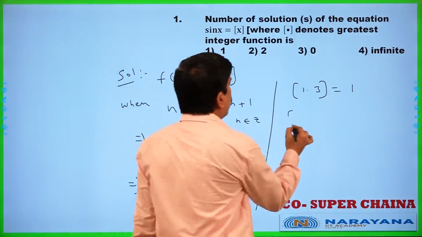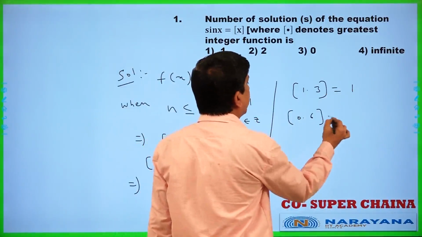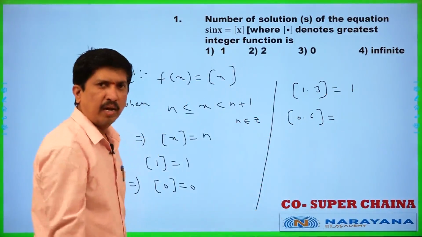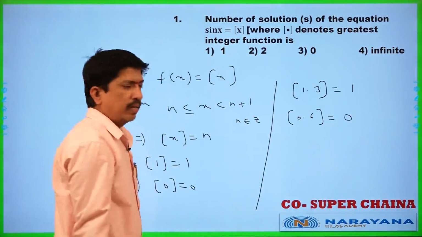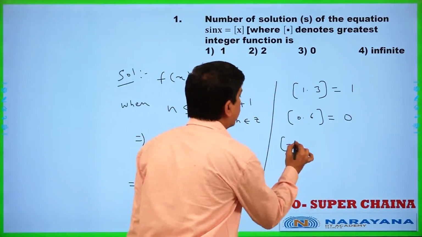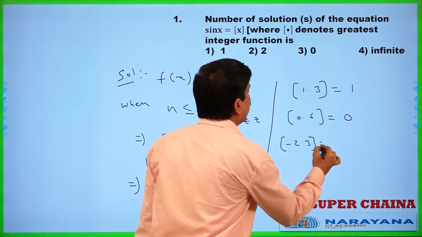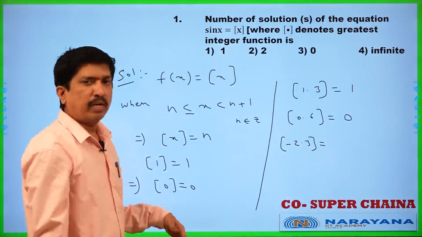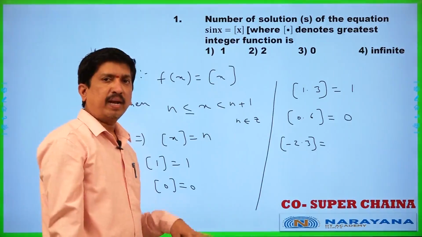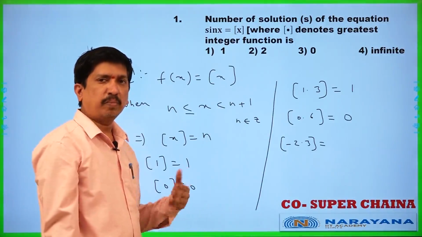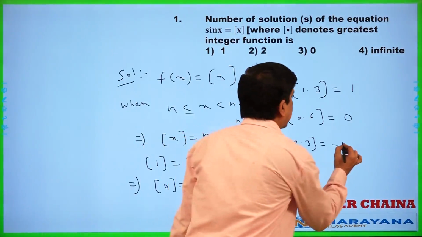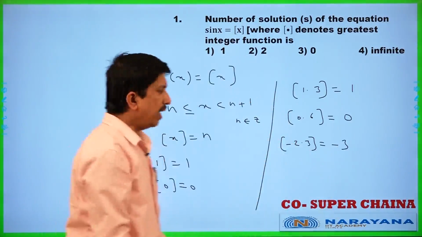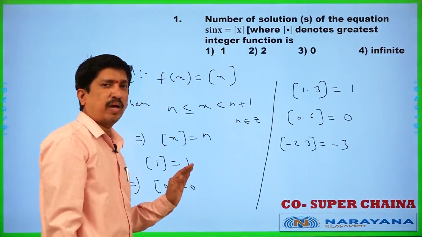Now [0.6] lies between 0 and 1, n equal to 0, so we take 0 only. Now [-2.3] lies between minus 3 and minus 2. Comparing n and n plus 1, n should be minus 3 and n plus 1 is minus 2, so [-2.3] is minus 3. Like this you can write the step values.